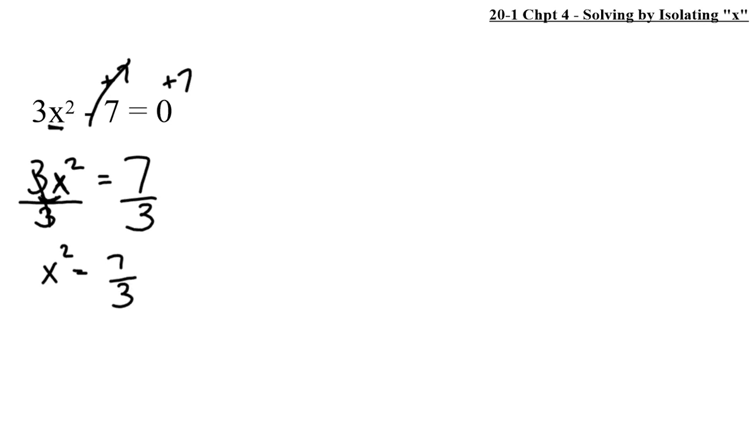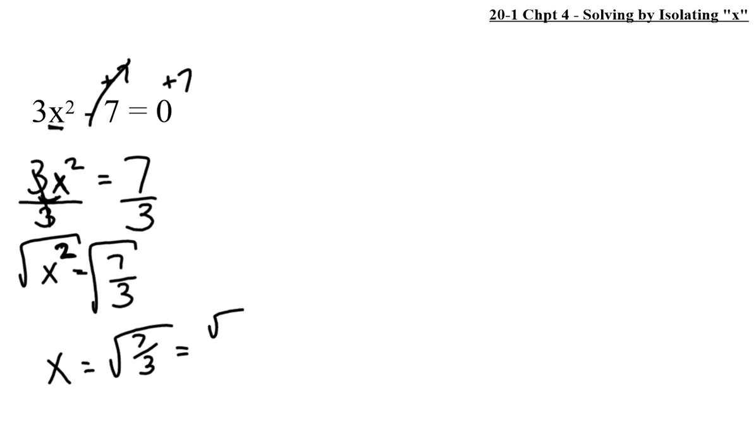To get rid of the squared, we square root both sides. So x equals root 7/3, which could be written as root 7 over root 3. Is that the answer?